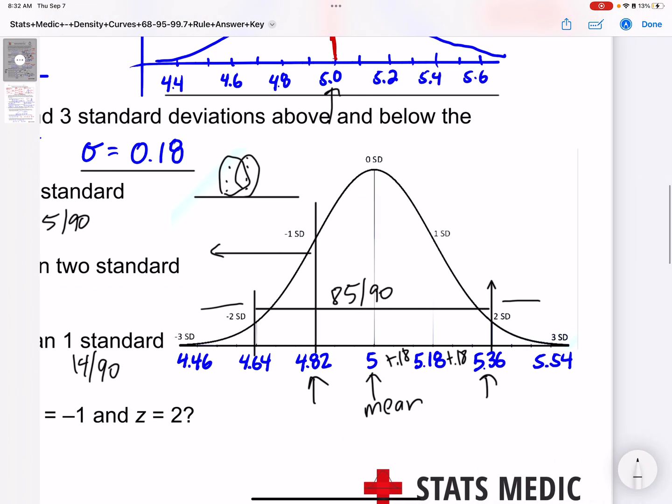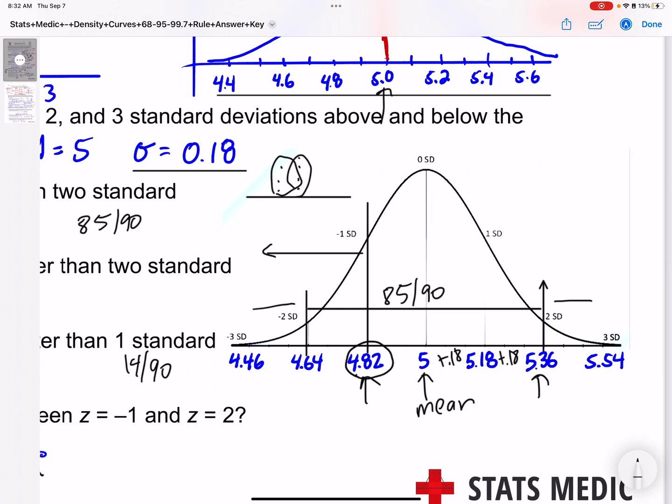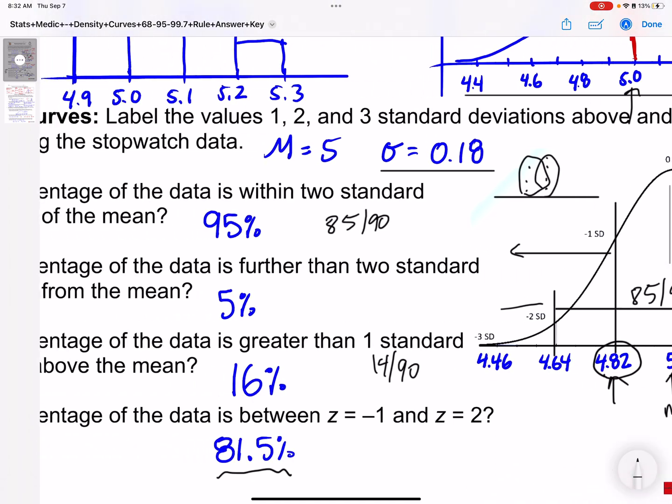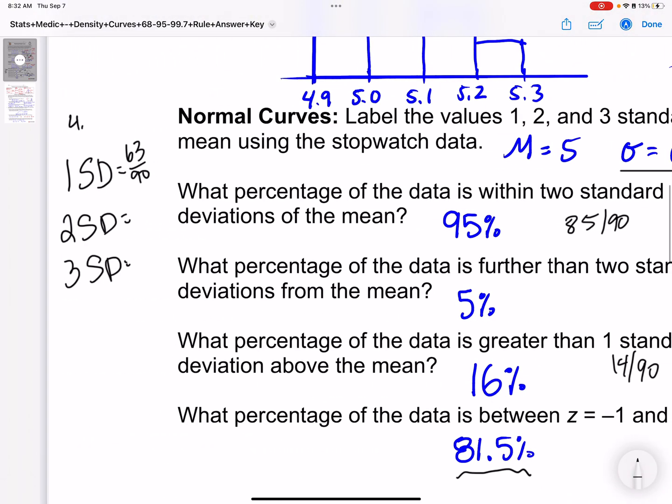So 1 standard deviation of the mean was between 482 and 518. We looked at our chart and counted any dots between 482 and 518, and I got 63, and 63 divided by 90 is about 70%.